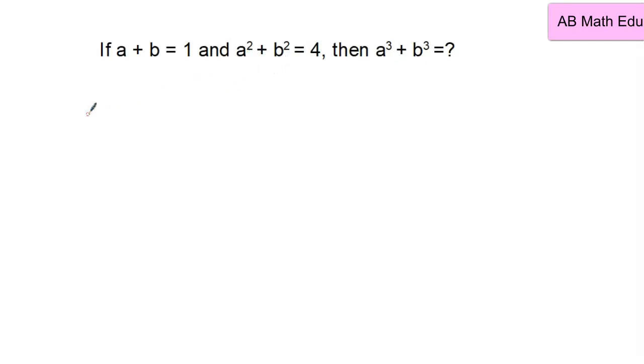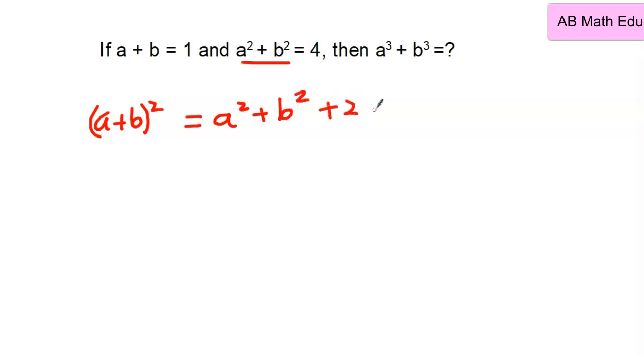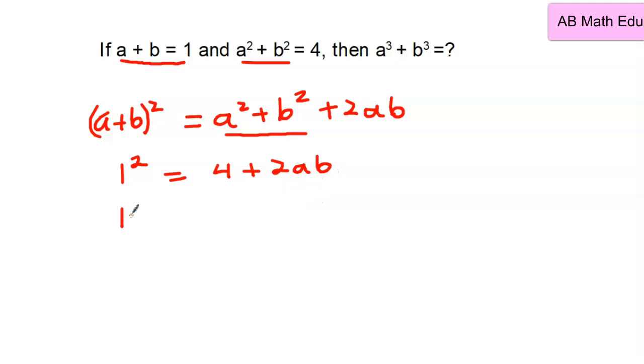We know that if we expand (a plus b) squared, we get a squared plus 2ab plus b squared. We know a plus b has been given as 1, so 1 squared is equal to 4 plus 2ab, and then we can solve for ab.